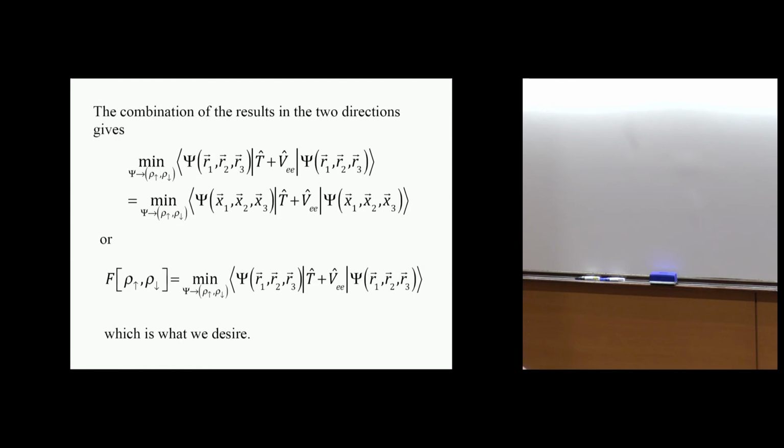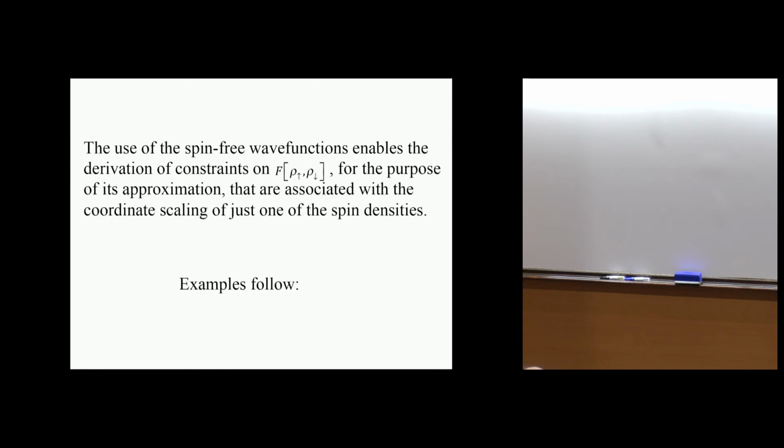So this is the case, and that's what we desire. So you could use spin-free wave function here, okay? So now we could scale this animal here because, you see, we've gotten rid of the spins, okay? So the use of spin-free enables derivation of constraints on F for the purpose of approximating it, okay?